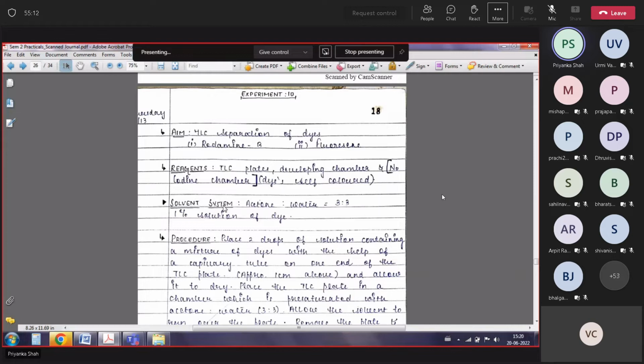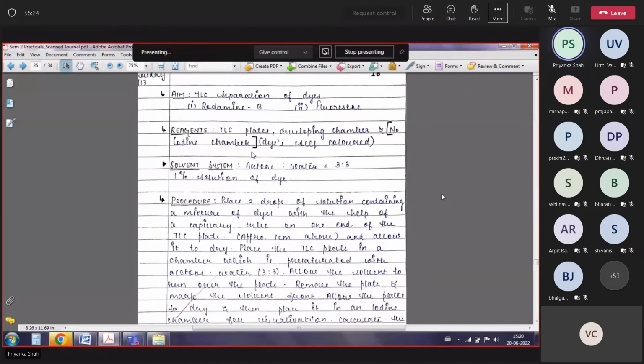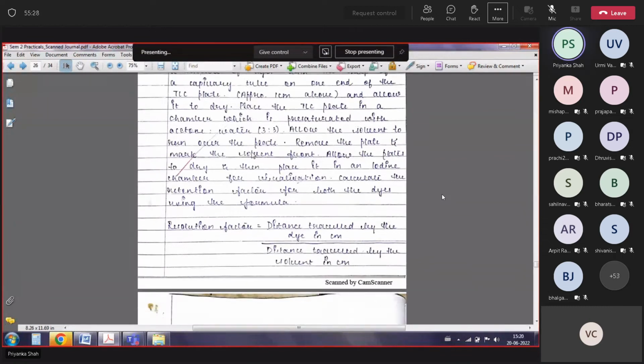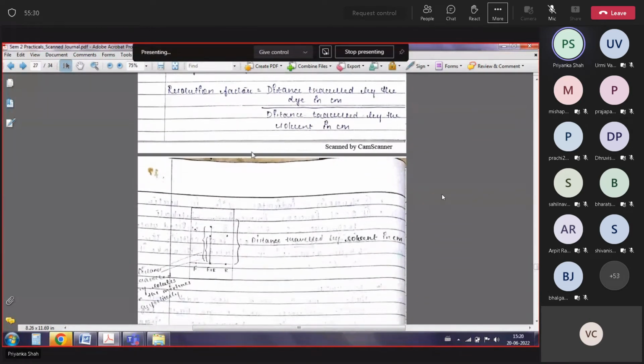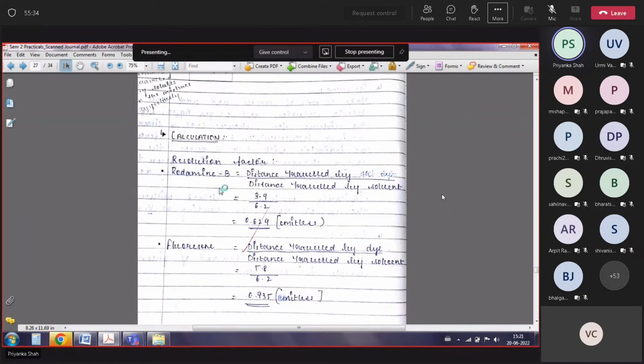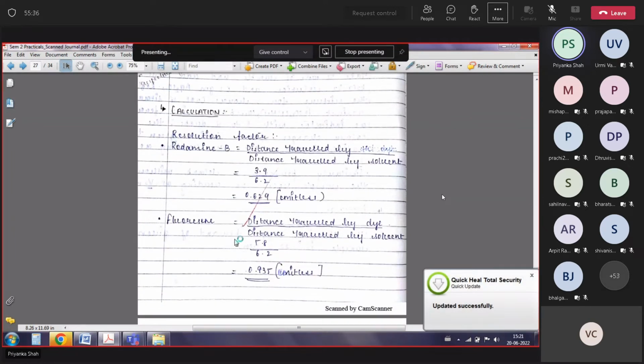The solution we prepared for the dyes is 1%, that is, 1 gram in 100 ml of solution. Then we prepared this mixture, and this is the resolution factor, and here is the calculation for rhodamine B and fluorescein.